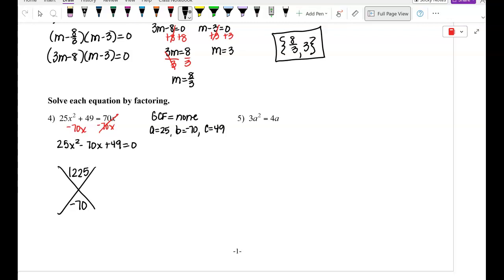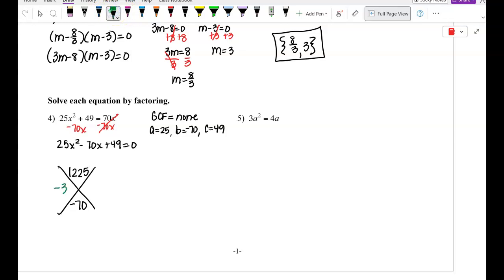So we're getting closer to that 70, and we know the number has to be greater than 25. Has anyone found it yet? It's 35. I'll show you something about this problem after we finish it.